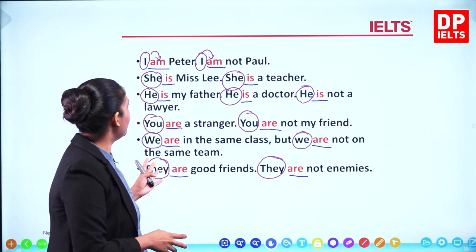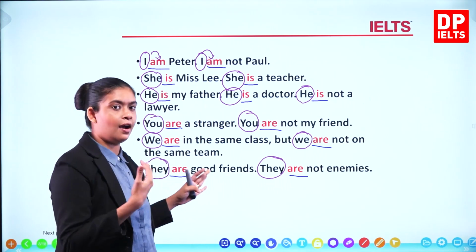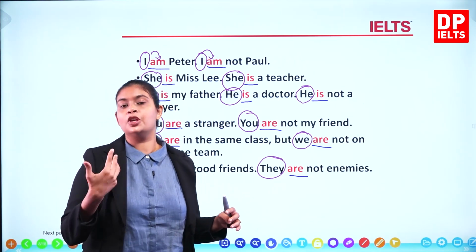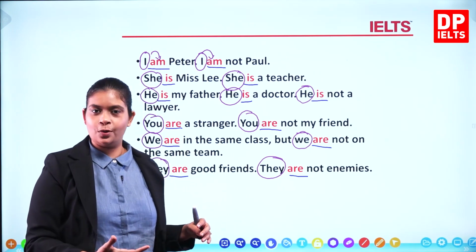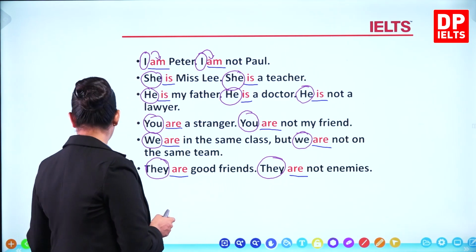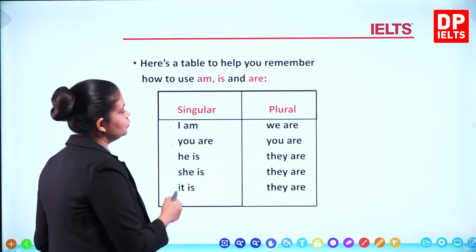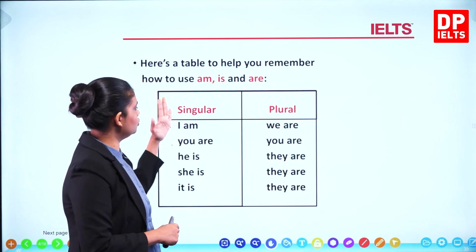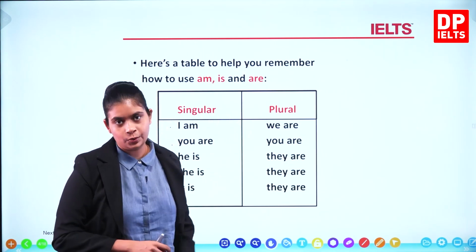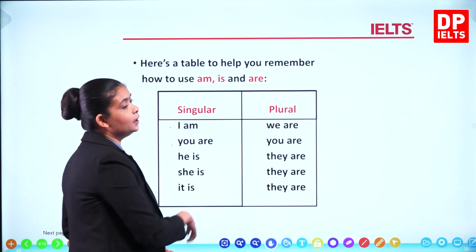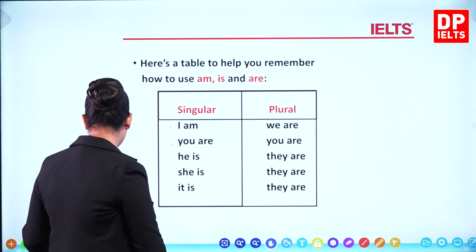So we had a look at I and we said, okay, I is being used with am, is being used with singular nouns or pronouns, are is being used with plural nouns or pronouns. And then we had a look at how you change the singular to the plural form. ඊට පස්සේ අපි බැලුවා singular මේ තියෙන වචන කොහොමද අපි plural එකට හරවන්නේ කියලා.